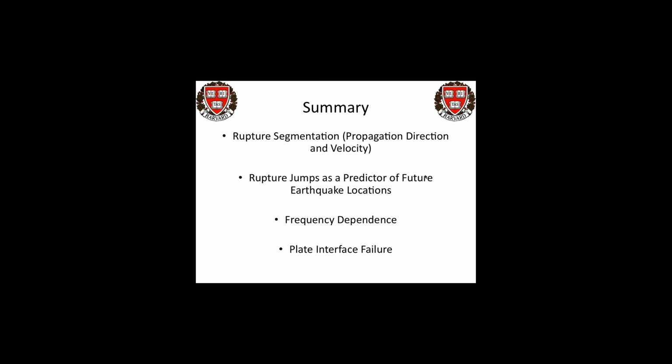The second part of the question, in terms of the jump, I believe that where you see this jump is basically where the rupture front ceases, and either seismic waves or some kind of dynamic stress change triggers a rupture initiation at a different point.